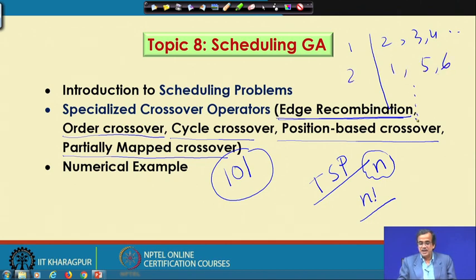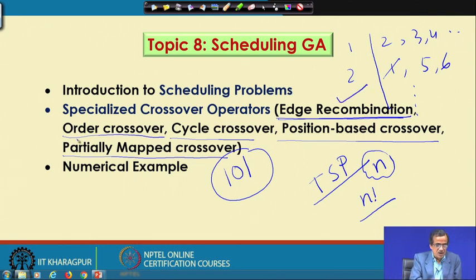So, this type of connectivity table we have. The moment we select a particular city, from the right hand side of this connectivity table, we remove that particular city, and this process will go on and go on, and ultimately I will be getting one valid sequence for the children. So, this is the way actually we implement the edge recombination.